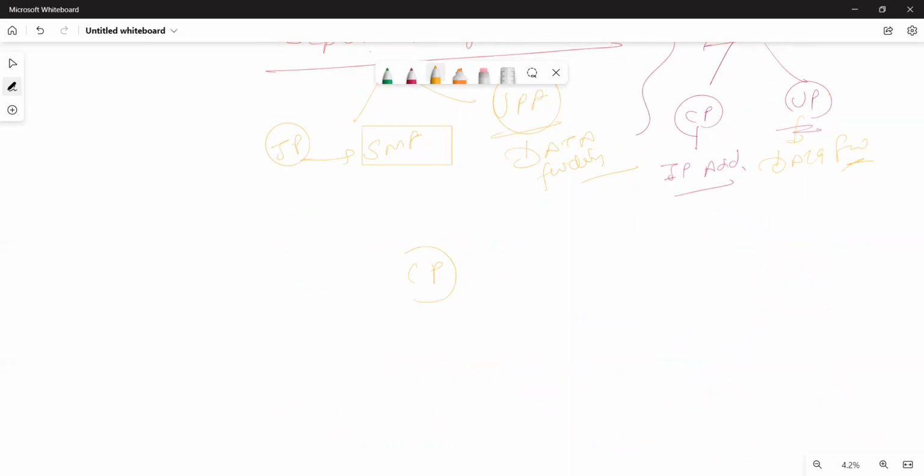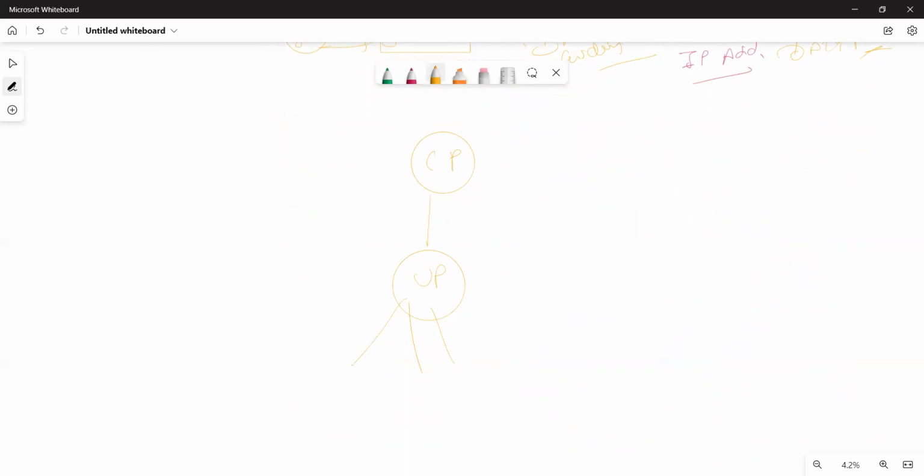Let's say this is the control plane and then you have the user plane, so you can add more users here: user 1, user 2, user 3, user 4, user 5. And you can centralize the control plane functions. This would help in minimizing your latency, which is a key aspect of 5G, right?